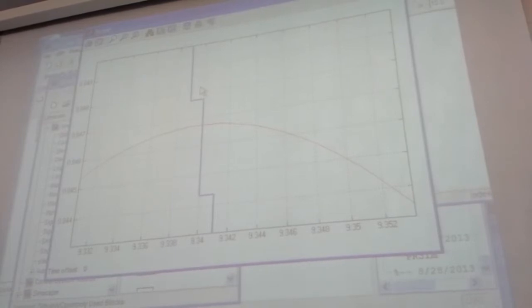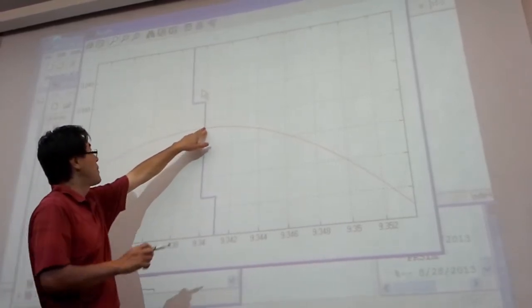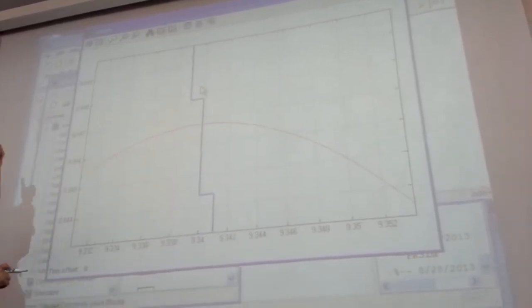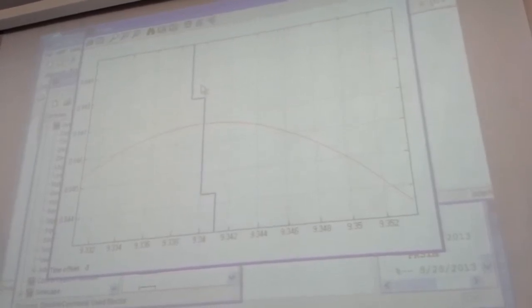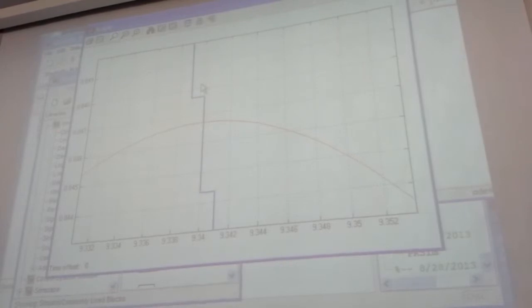So the gain I find is this divided by 1, because the input magnitude is 1. Gain is the output magnitude divided by the input magnitude.